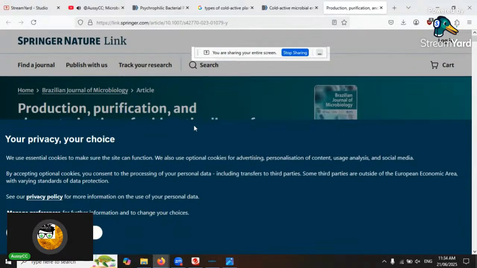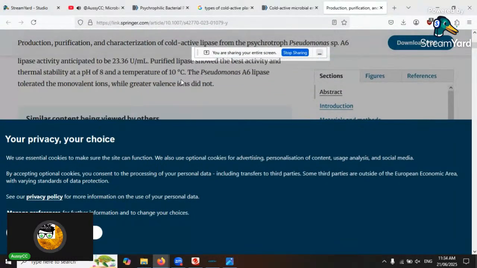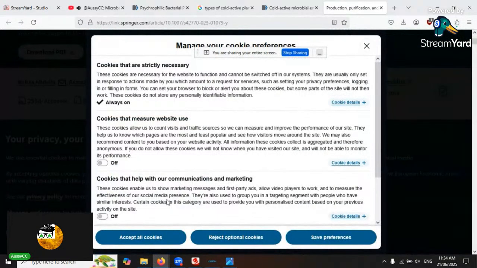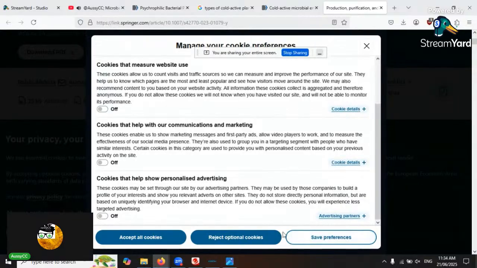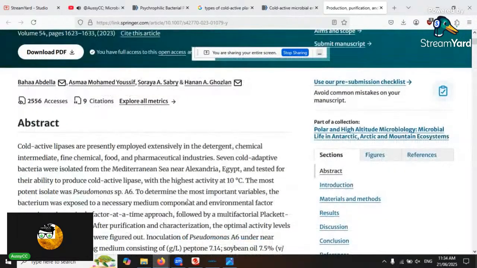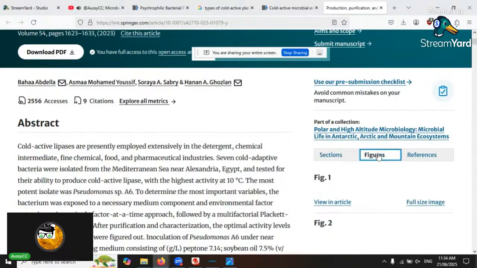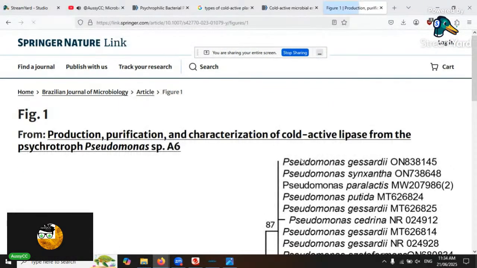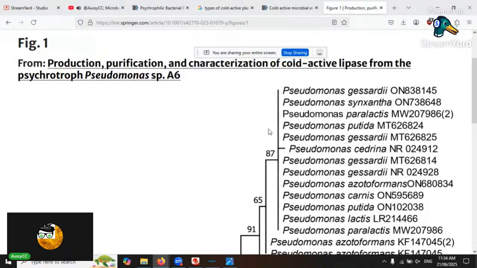Look how big they've got it now. I used to just do this and see if you can read it, and it's nearly the whole page. You've got no choice. This is what I want, figures and references. I like them. There they are. So that's one tested. Pseudomonas putida.